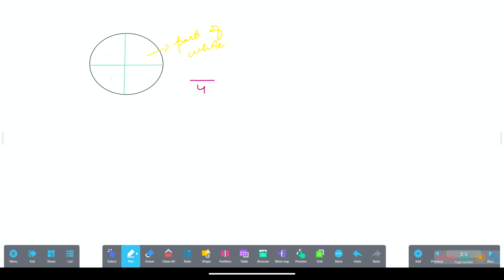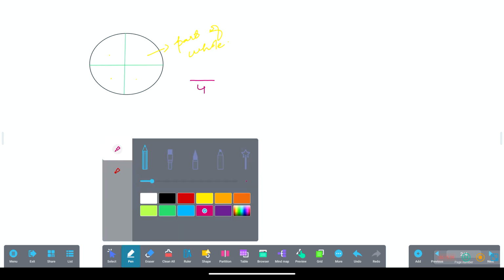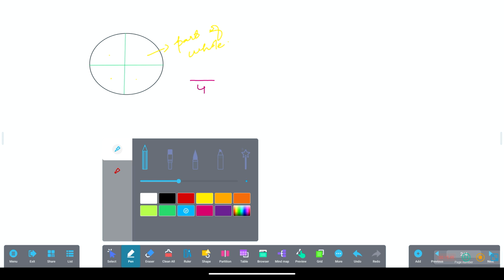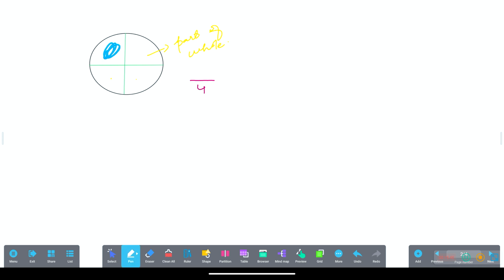Now, suppose I have asked you to color 3 of the parts out of 4. So let me color 3 parts. This is the first part that I am coloring completely, the second part, this is the third part. So these are the 3 parts that I have colored.